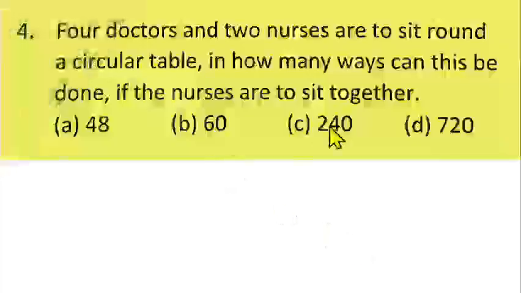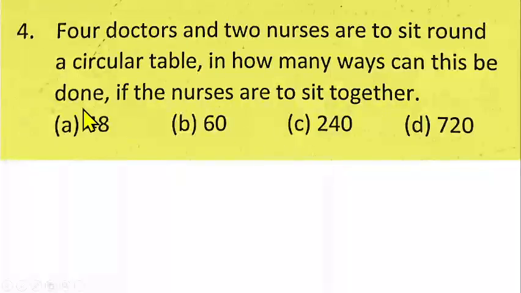Question number 4 is from the permutation and combination. We are told that 4 doctors and 2 nurses are to sit round a circular table. In how many ways can this be done if the nurses are to sit together?